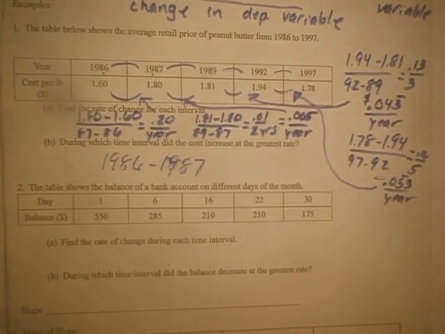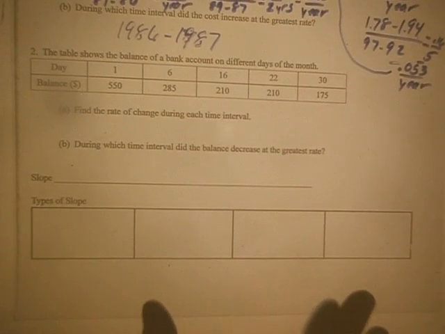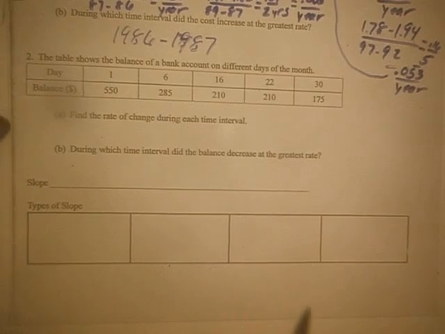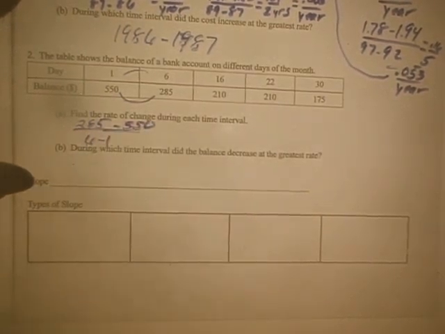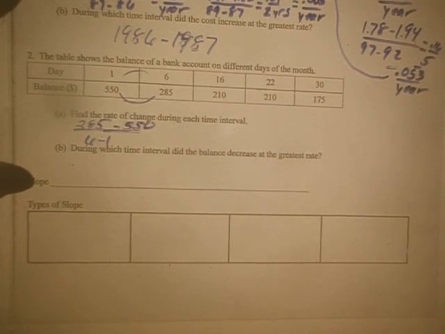The next example says, this table shows the balance of the bank account on each of the different days of the month, finding the rate of change. So we're going to subtract the top two and divide them. 285 subtract 550 over 6 minus 1. Can somebody do that on your calculator a minute?